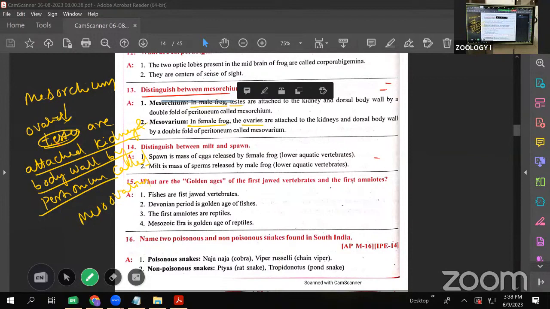Like that only. This is the difference. Remaining all are the same. This is about the distinction between the mesorchium and the mesovarium.